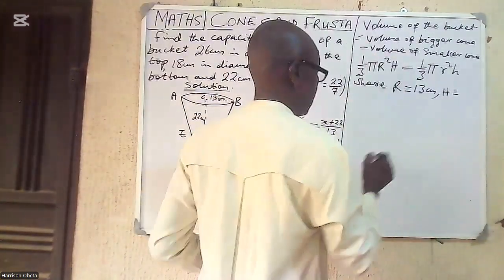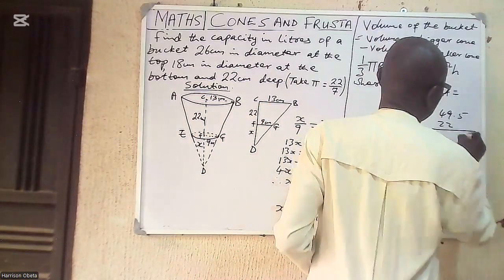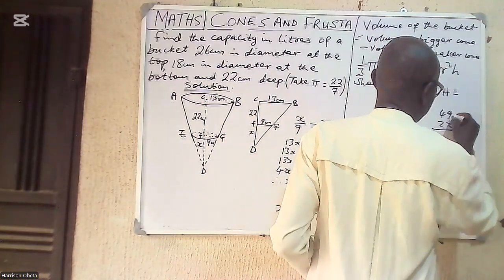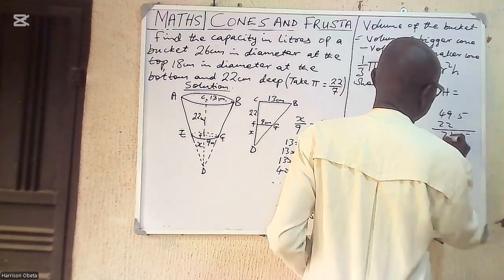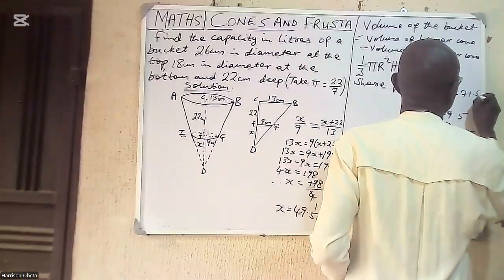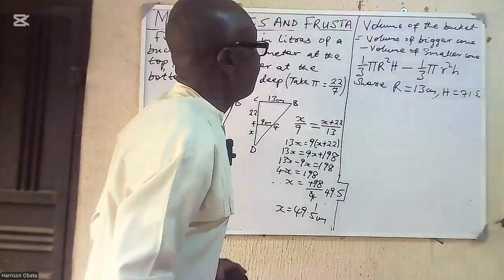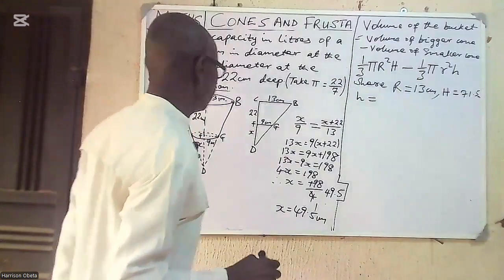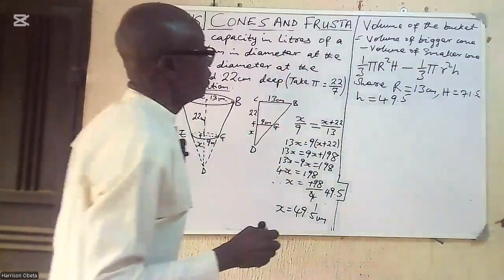That should give us 71.5 cm. Then small h is 49.5.